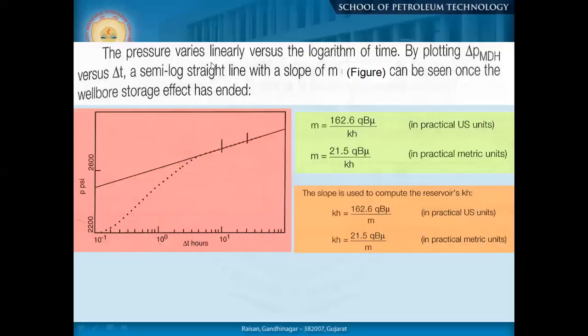Okay, the pressure varies linearly versus the logarithm of time in the MDH plot. Also, a semilog straight line with slope m can be seen once the wellbore storage effect has ended. So this is a very important part. As we discussed earlier, the wellbore storage effect is generally a line passing through the origin on your normal pressure versus time plot, because we are considering the wellbore as a tank and we are reducing at a specific rate.